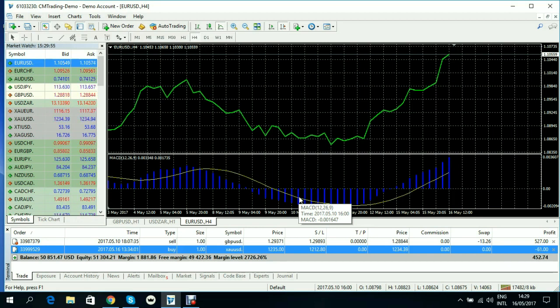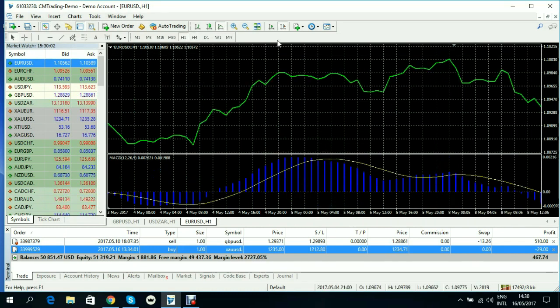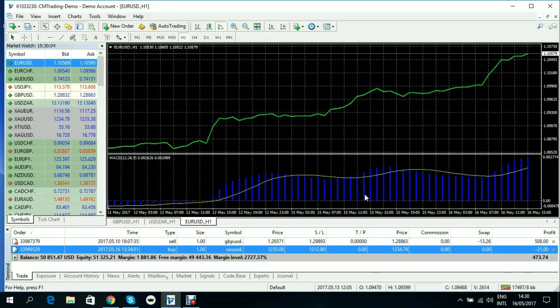Remember, the longer the time frame, the better. It works the same way in all the time frames. You can see here in 1 hour, when the bar crossed and the signal line crossed the zero zone, it has been buying and it's been going up.